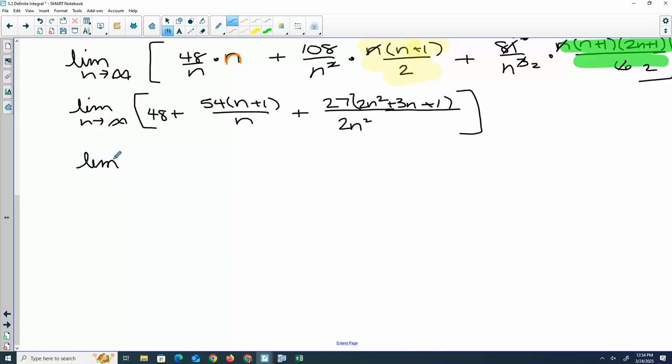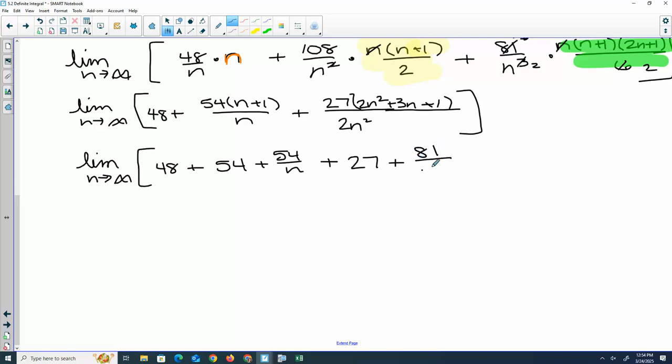I'm going to break everything apart now. So here, 54n divided by n plus 54 over n. Alright, I'm going to take 27 times my 2n squared and divide it by 2n squared. 27 times 3n, so that would be 81n over 2n squared.